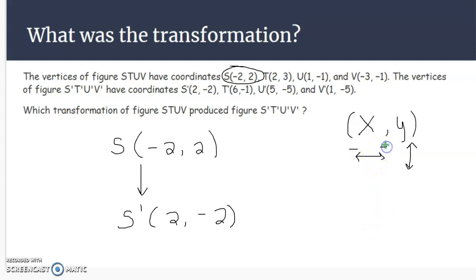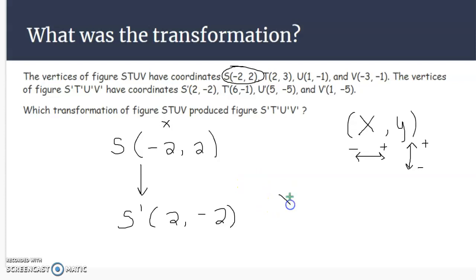Going right is like adding. Going up is like adding on the y-axis, and going down is like subtracting on the y-axis. So we went from -2 to +2, and that's our x coordinates here.